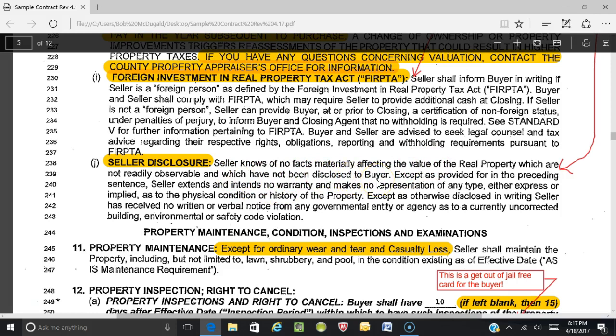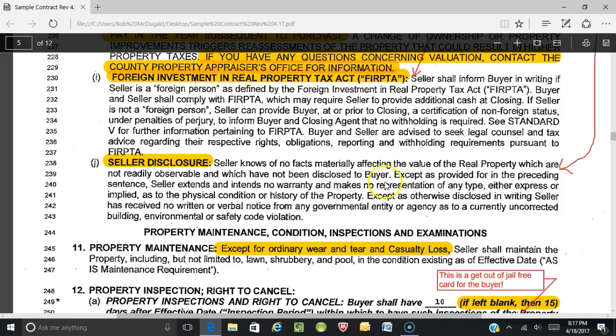So an actual seller's disclosure statement that we have is a chance for the seller to come clean. This statement says that other than what's on the seller's disclosure, we don't know of anything and we're not hiding anything. Except as provided for in the preceding sentence, seller extends and intends no warranty and makes no representations of any type, either express or implied, as to the physical condition or the history of the property.